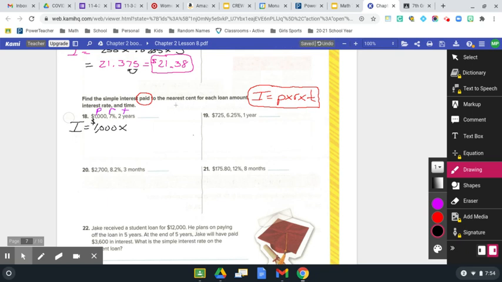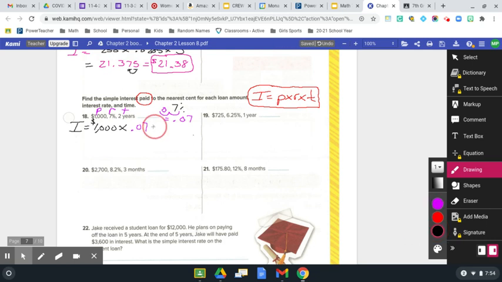We discussed yesterday that if you're using multiplication with percents, we have to take that percent to a decimal. We have to move it 2 places to the left like this. And so that means your 7% becomes 0.07. So that's what we're putting in here, 0.07.